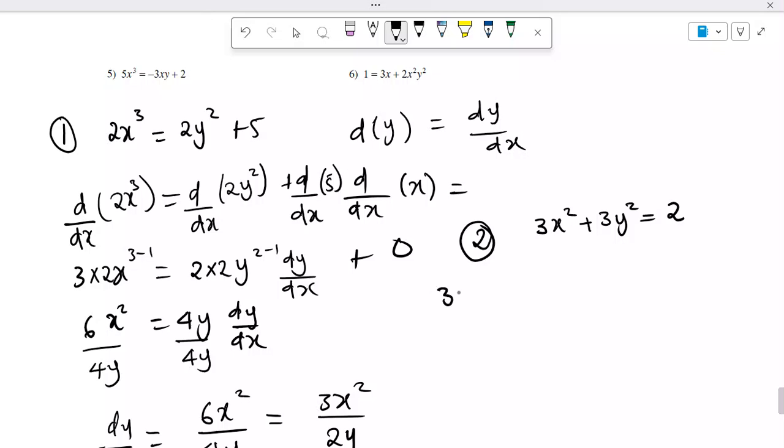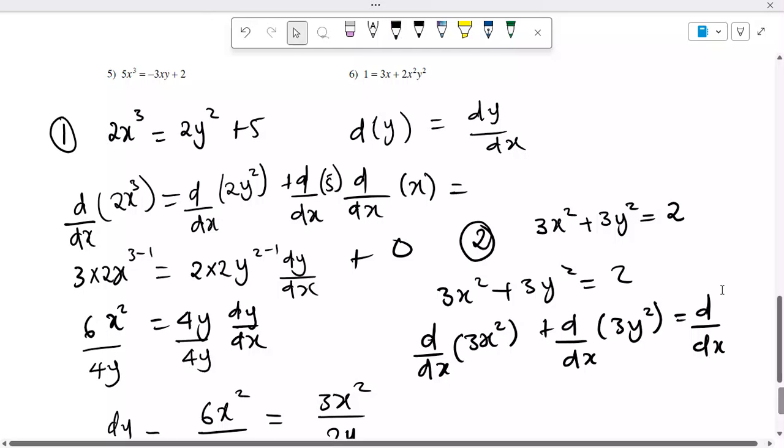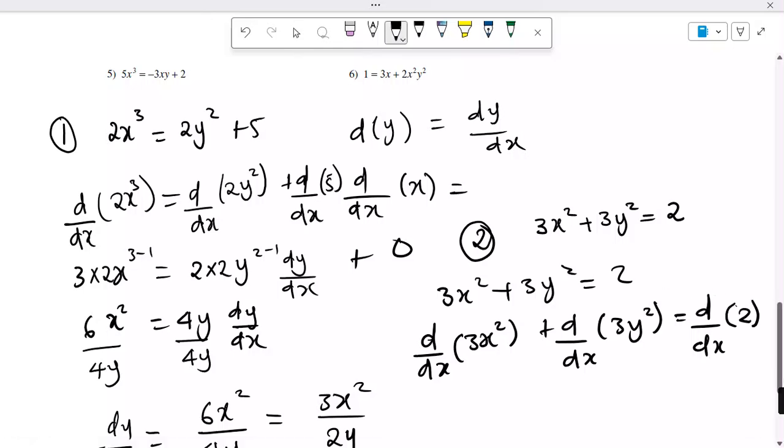So let me write it here. So we say we differentiate with respect to x 3x squared, plus differentiate with respect to x 3y to the power 2, equals, we differentiate with respect to x, 2.